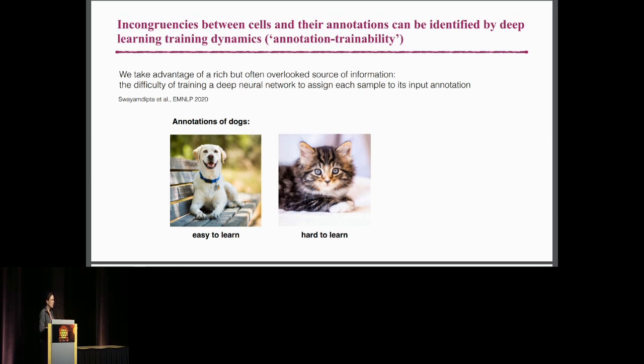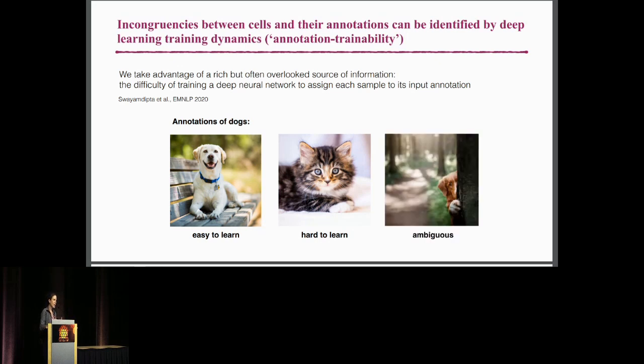That's basically the overfitting regime in the training process. So we would have, in this case, very low confidence in the initial annotation and also low variability, because for the vast majority of the training process, it would always be predicted as a cat, and then transition into a dog prediction only towards the end of training.